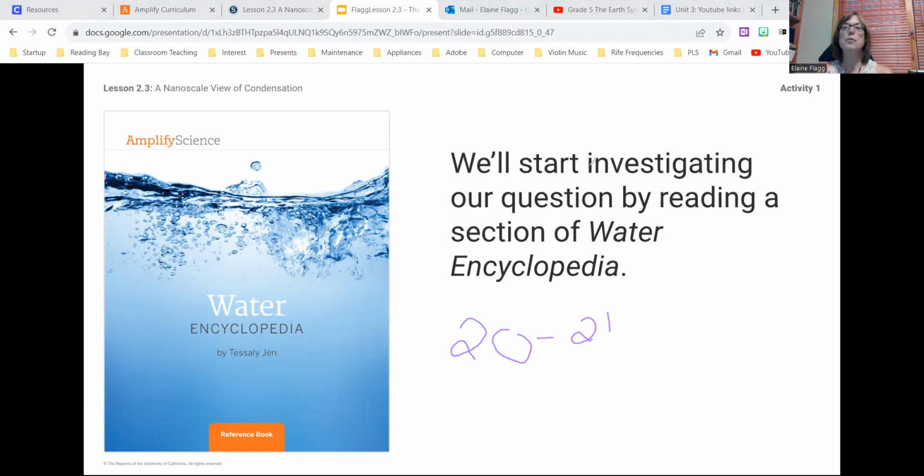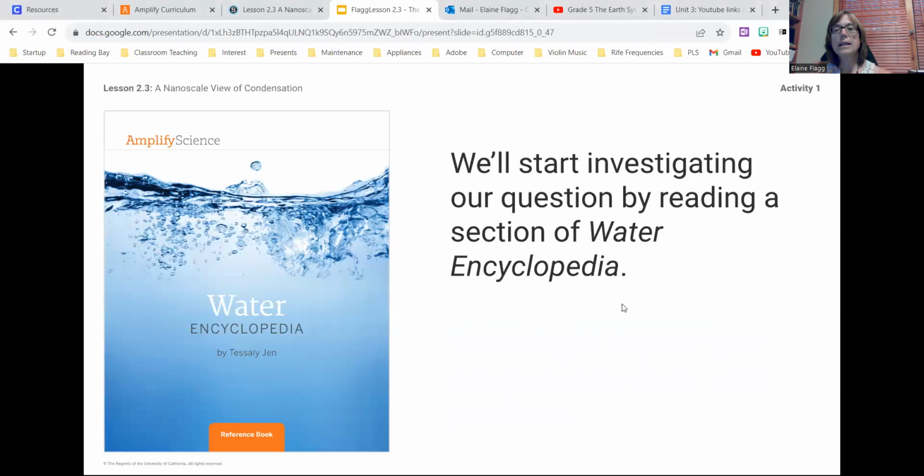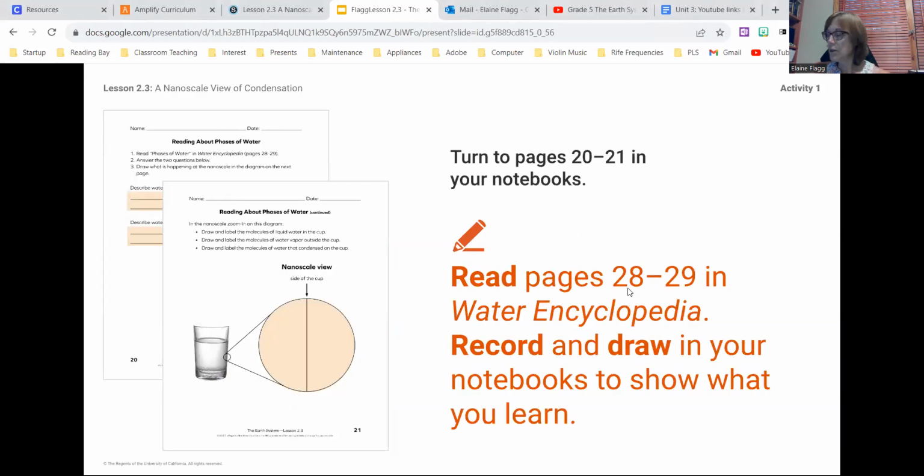There'll be enough for everyone to have. So go ahead and open it up to 20 and 21. Let's see. Oh, no. Turn to pages 20 and 21 in your notebooks, and then 20 to 29 in your water encyclopedia.